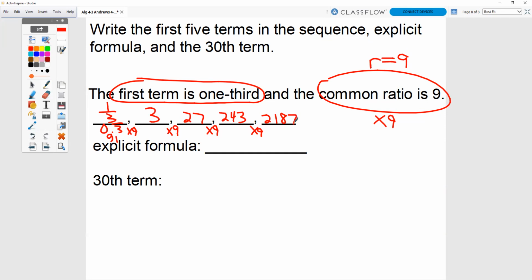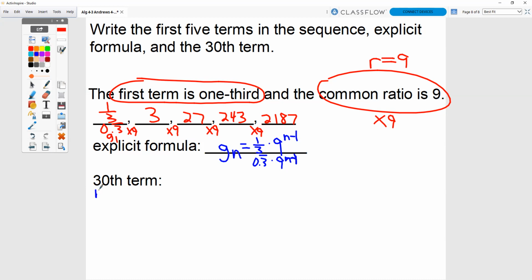2,187. The explicit formula, the term that we want, G sub n equals your first term. You could put 1/3 or you could put 0.3 repeating, either way, times your common ratio of 9 to the n minus 1 power, right? Either of these 2 answers that says n minus 1 are perfectly fine.